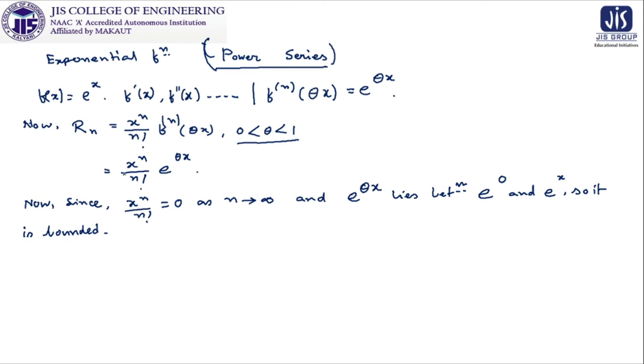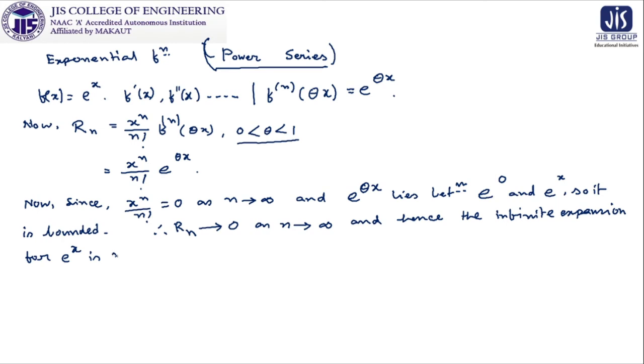Together, R n will tend to 0 as n tends to infinity, because the x to the power n by n factorial part will dominate this bounded exponential function e to the power theta x, and hence we can say that the infinite expansion for e to the power x is valid, because the remainder term is going to 0.